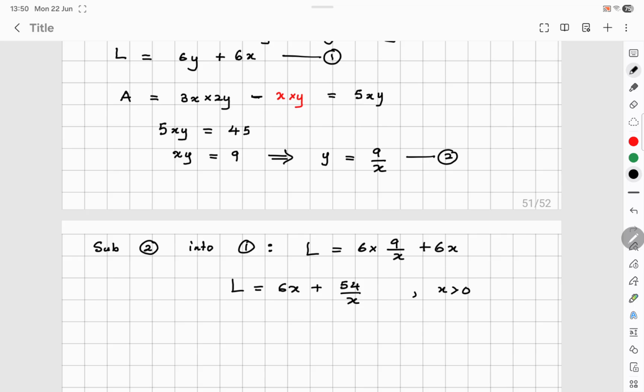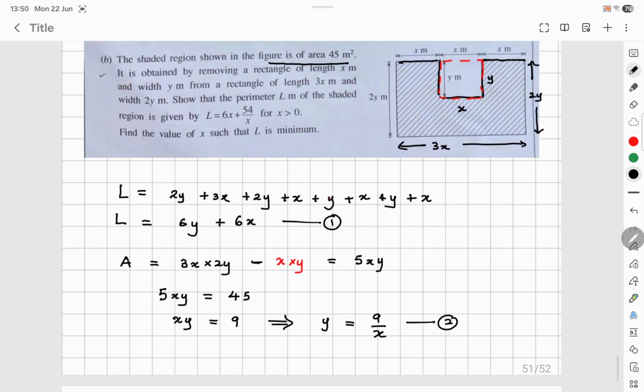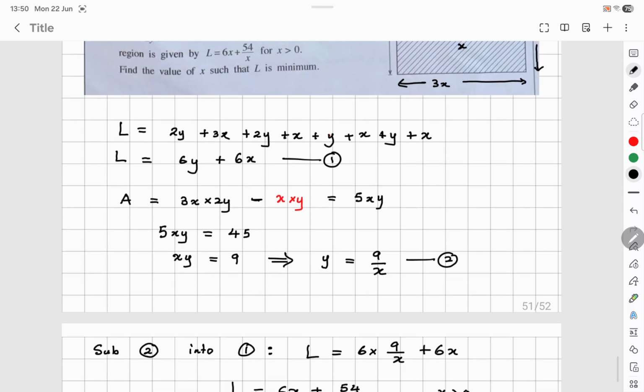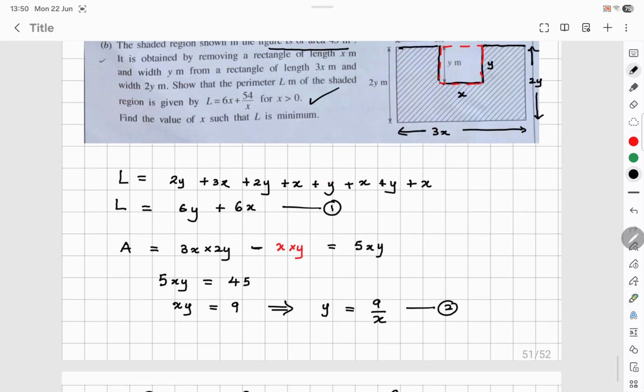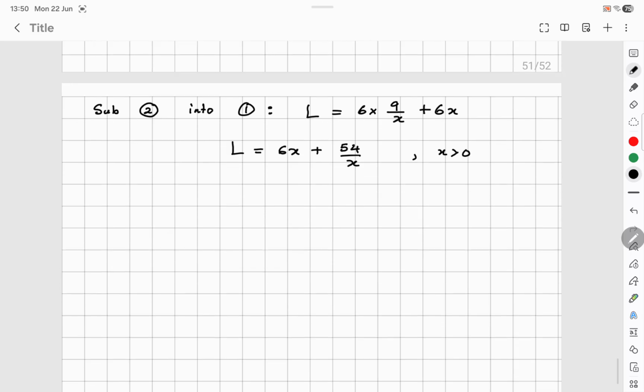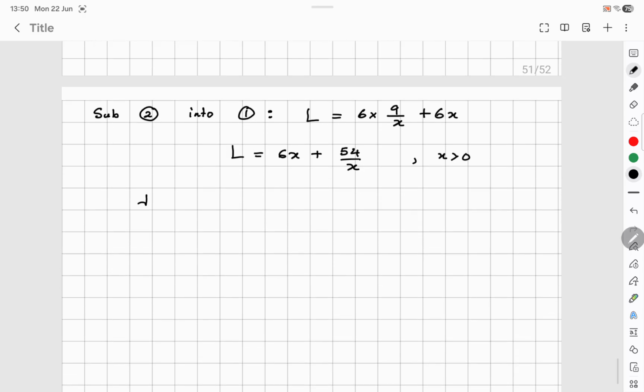And x has to be positive now because these are lengths. Right. So that part is done. That is simple. Find the value of x such that L is a minimum. So differentiate dL over dx. 6 minus 54 over x squared, right?